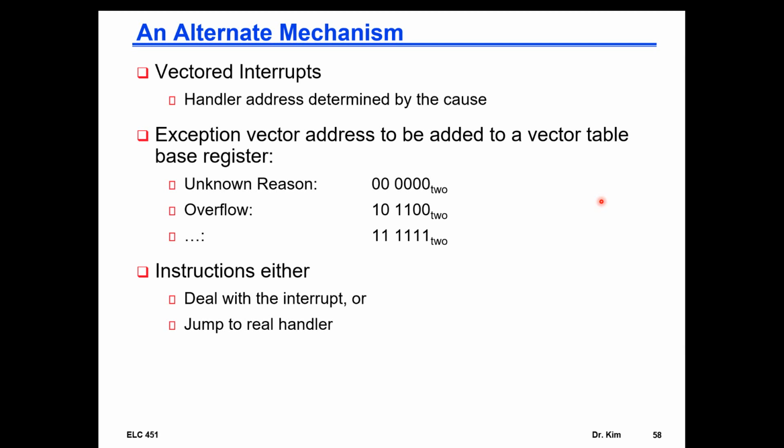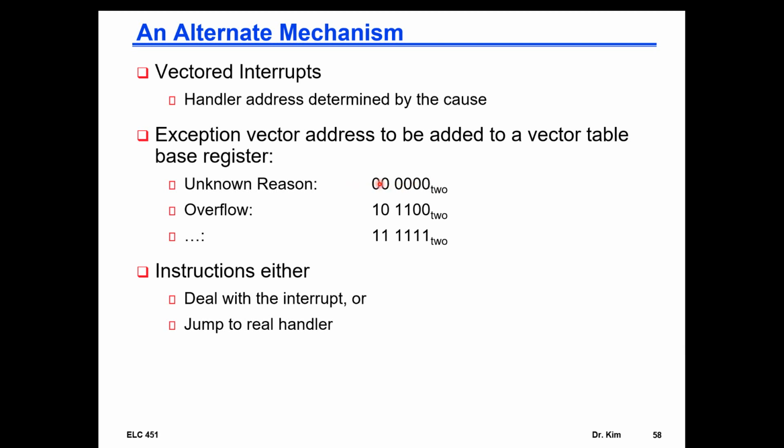So an exception vector address has to be added to the vector table from some base register. If we have a base register that has the addresses of all these exception handlers, you could have a vector table that is an offset from the base where the code to handle the exceptions starts.